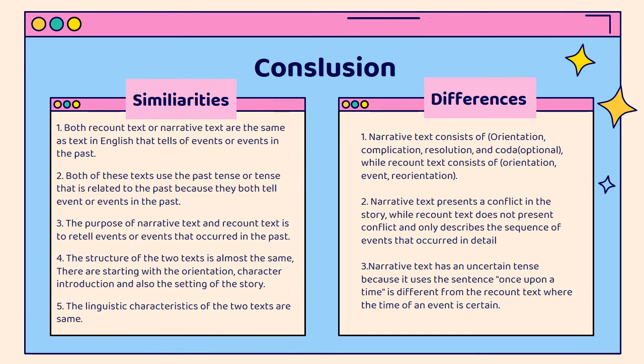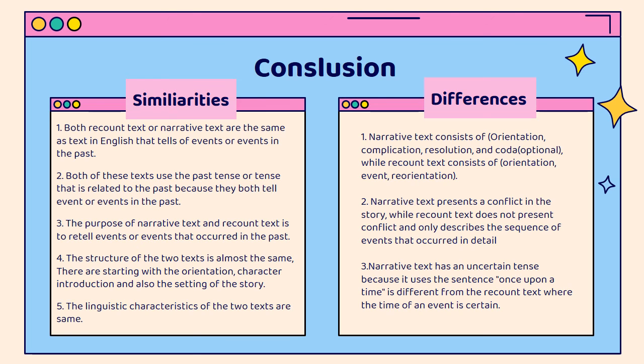So the conclusion is that narrative text and recount text have similarities and differences. The similarities of narrative text and recount text are, number one, both are texts in English that tell of events in the past. Number two, both use the past tense or tenses related to the past tense because they both tell events in the past.